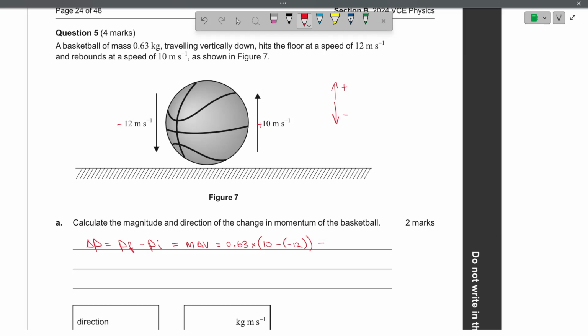It's very easy to miss negative signs, and that'll make your answer funny. Okay, so we end up getting 0.63 times 10 plus 12, chuck all that on a calculator, and we end up with 13.86 kilogram meters per second, and we'll just go ahead and call that 14 because everything's in 2 sig figs.